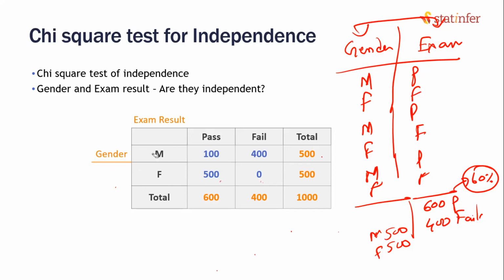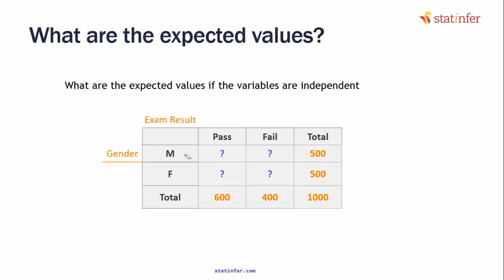Tell me, think about it carefully. Clearly, female students are passing, isn't it? Tell me honestly, if being male or being female doesn't matter, out of 500 male, how many should be passing? What is the expected value here? What is the expected number? How much do you expect here? 60% pass, 40% fail.